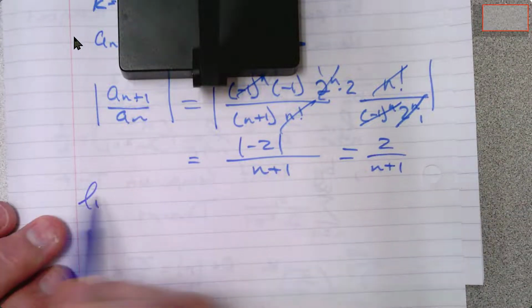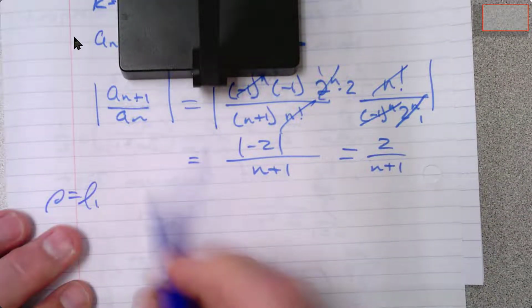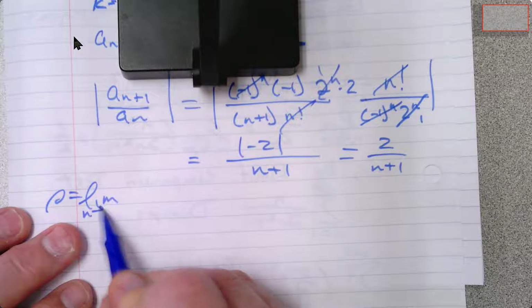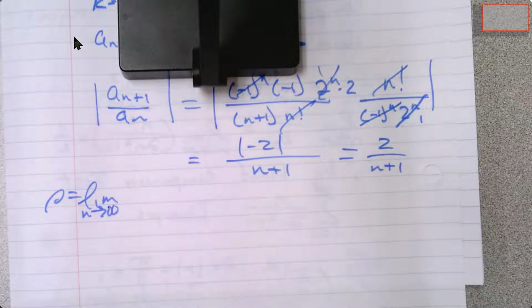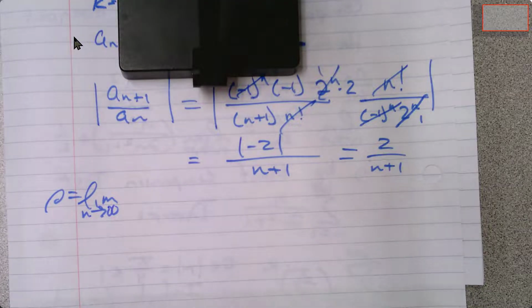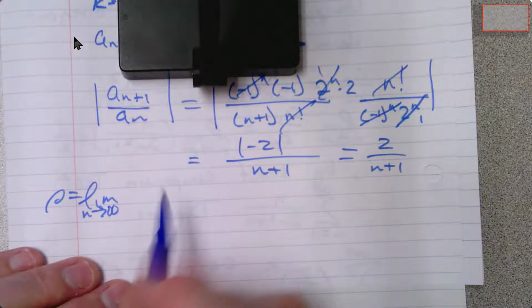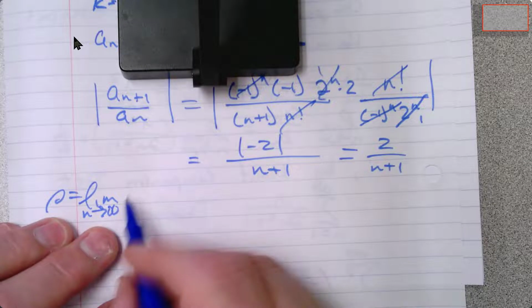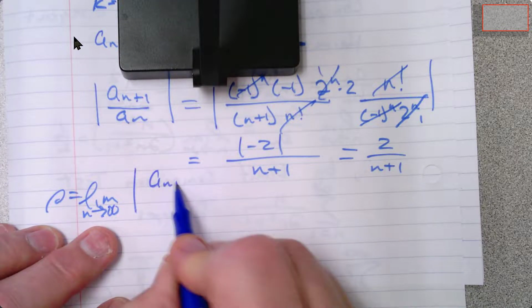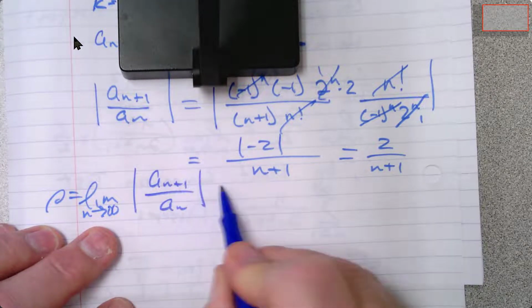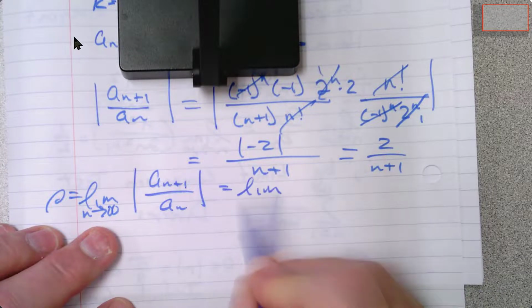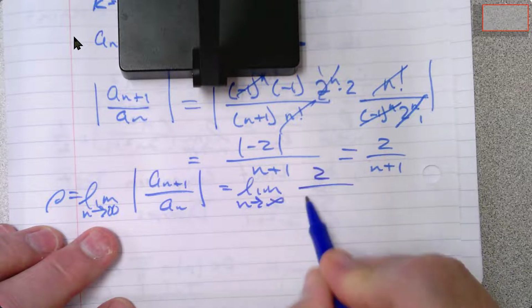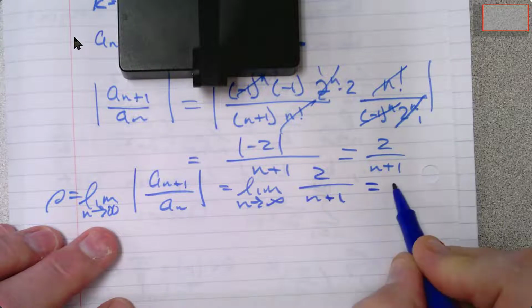Now I take the limit, and I like to call this rho. Now, as I've told you, right now I don't need it, but I'm going to keep doing that. Because when I get the power series, I like to use this to make my life easier. So the limit as n goes to infinity of the ratio of the nth plus first to the nth term is the limit as n goes to infinity of 2 over n plus 1, which is 0.